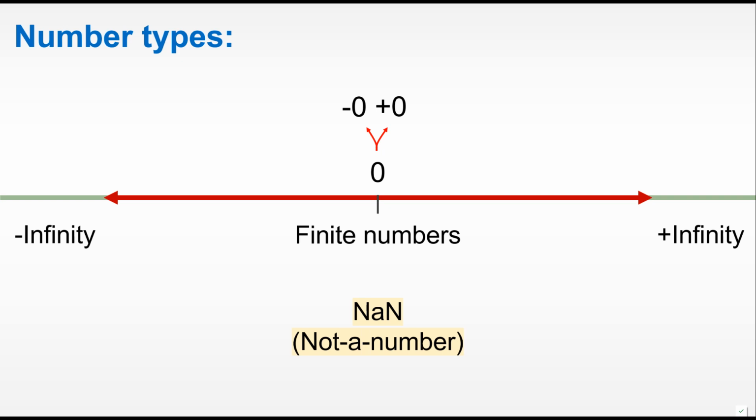Now you can think of the not a number type as a hack, and we tend to use it when we've done something wrong or something illegal, for example dividing 0 by 0. Using NaN allows us to get this unexpected value but yet not stop the program from running, and debug the problem later.